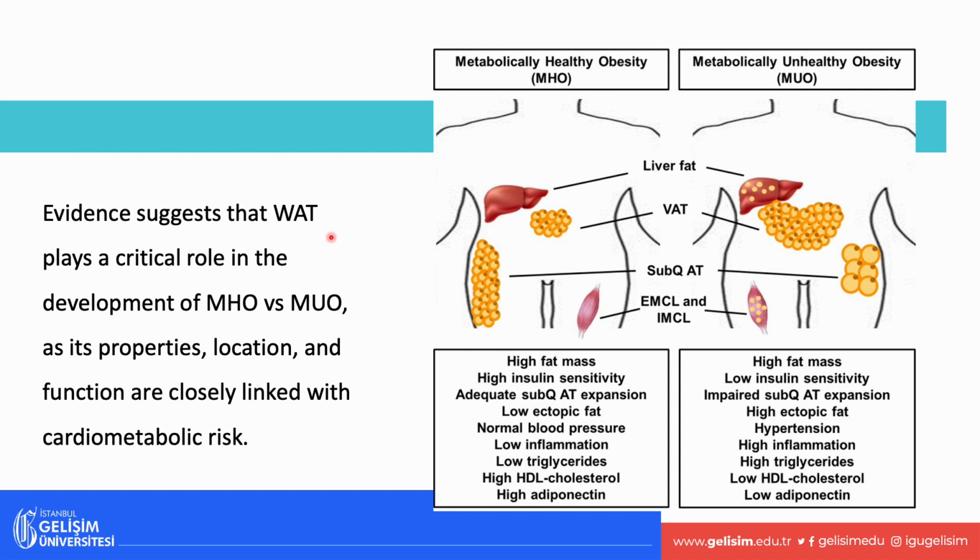So for example, WAT that's distributed subcutaneously may have a more beneficial effect on metabolic health compared to WAT that's located in the visceral region, or again, the abdominal region. So additionally, the ability of WAT to store and release energy as well as its inflammatory properties may also contribute to the development of either one of these two, either metabolically healthy or metabolically unhealthy obesity.